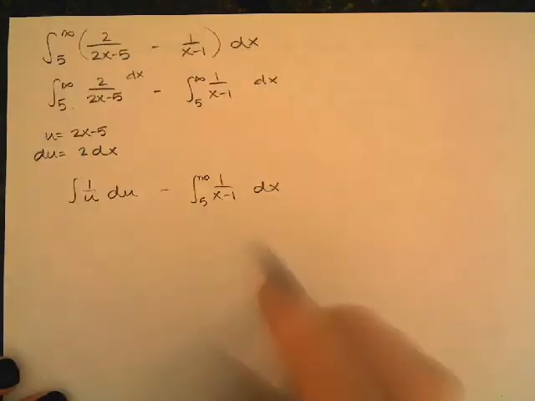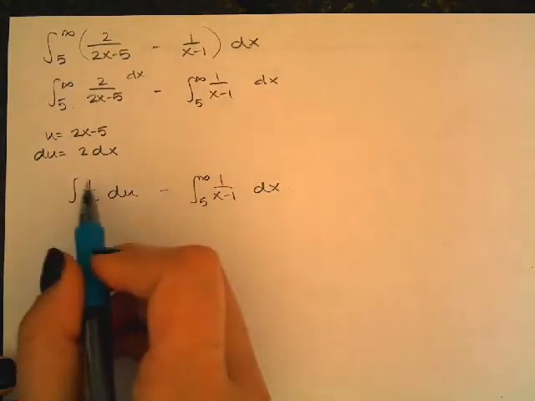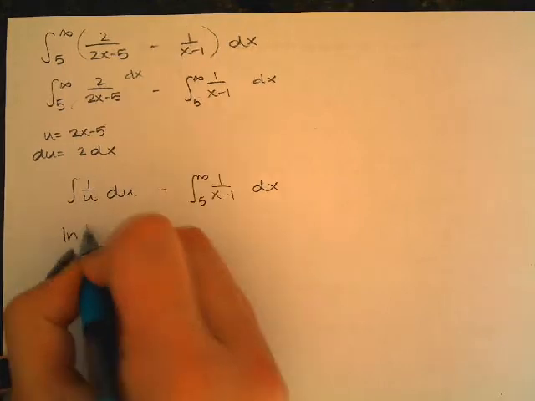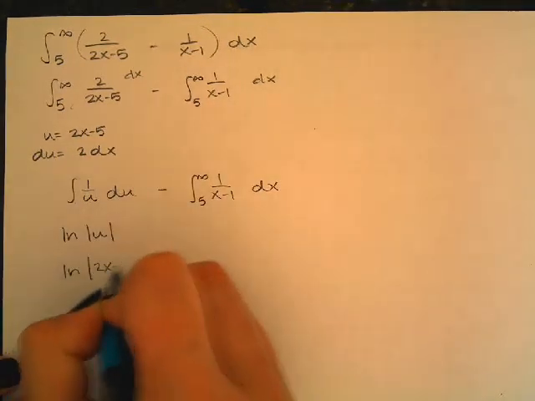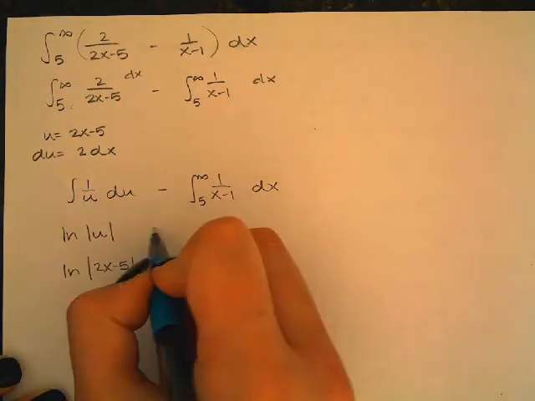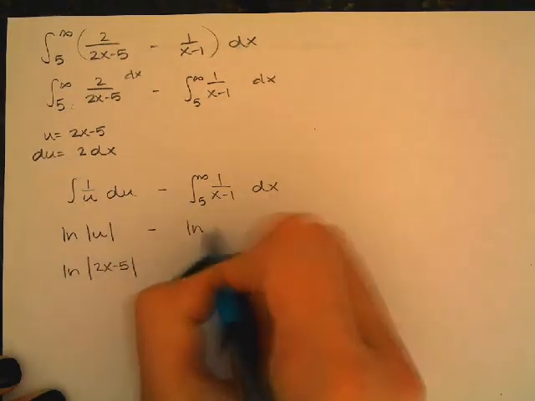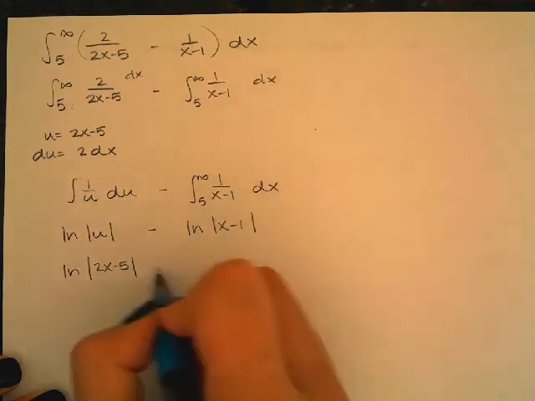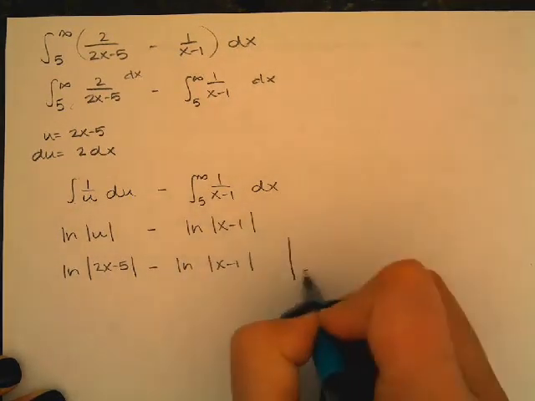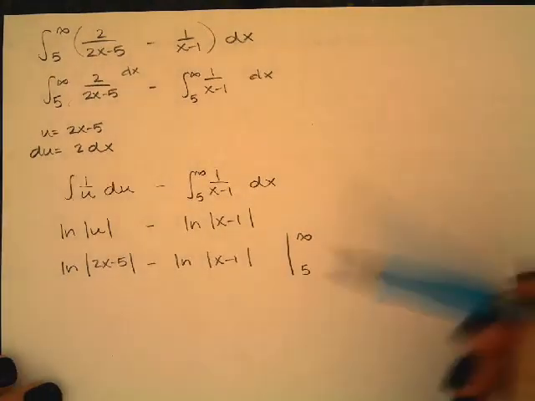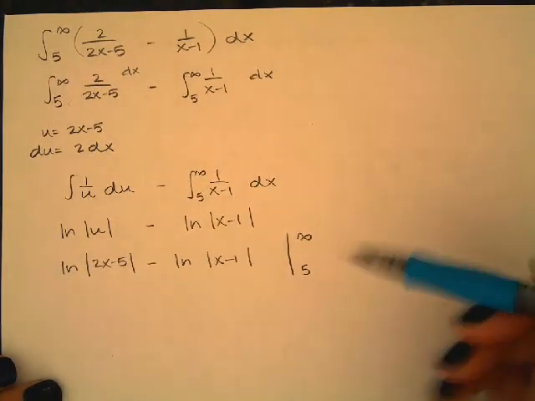Okay, so integral of 1 over u is ln u. So I've got ln of 2x minus 5, and then I'm subtracting off ln of x minus 1, and then that whole thing is being evaluated from 5 to infinity.